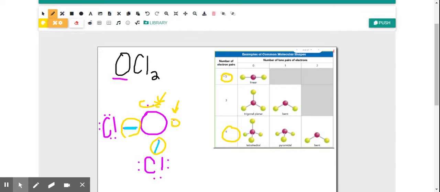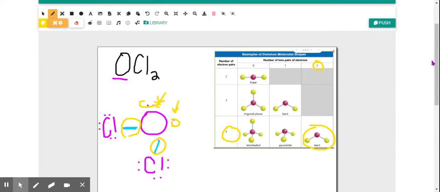But 2 over here, 2 lone pairs. All right, so 4 with 2 gives us a bent molecule. And once again, these lone pairs of electrons are pushing those chlorines away from them as far as possible. And this is going to be really important when we start talking about having more than one molecule and what that means in terms of its properties.